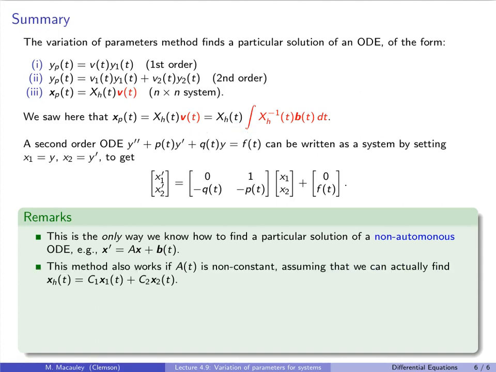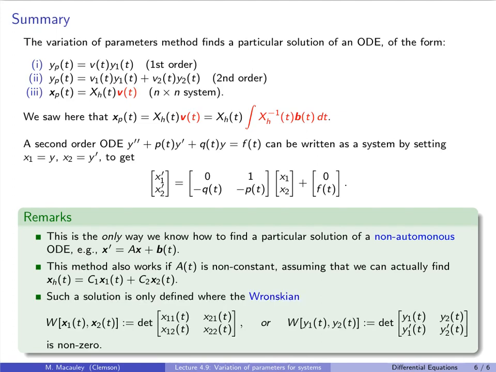This method also works if the matrix A of t is non-constant, but we first have to be able to actually find the homogeneous solution before we can find a particular solution. Finally, such a solution is only defined if this inverse matrix exists. In other words, if the Wronskian is non-zero.